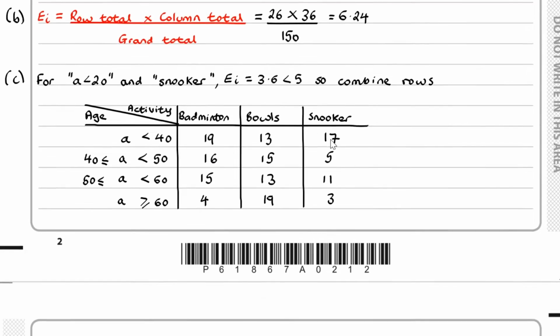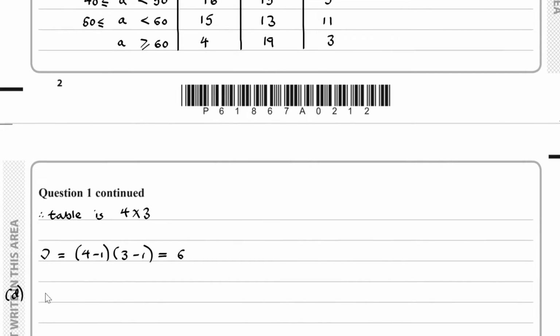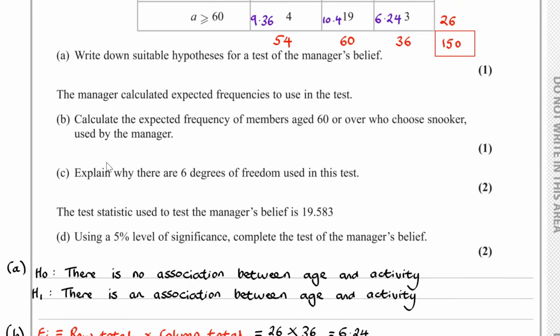But we're told so far that the test statistic is 19.583. Okay, and what we have to do is using a 5% level of significance, complete the test of the manager's belief.